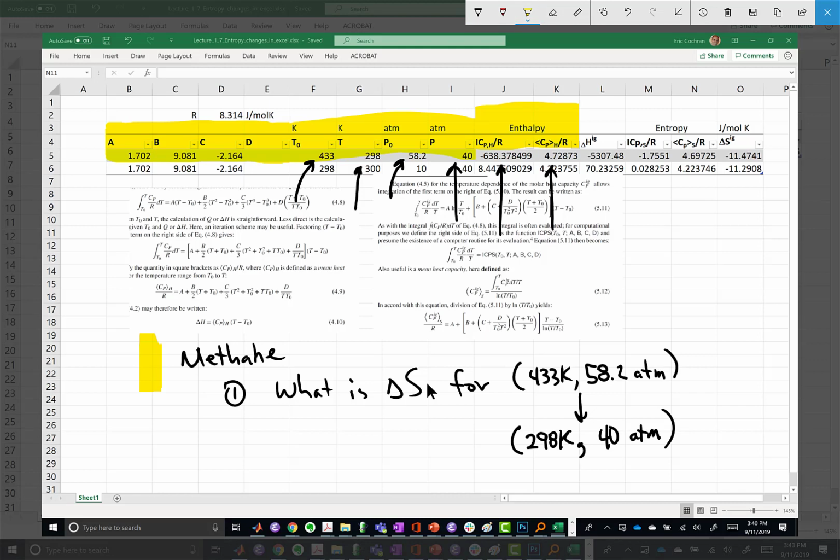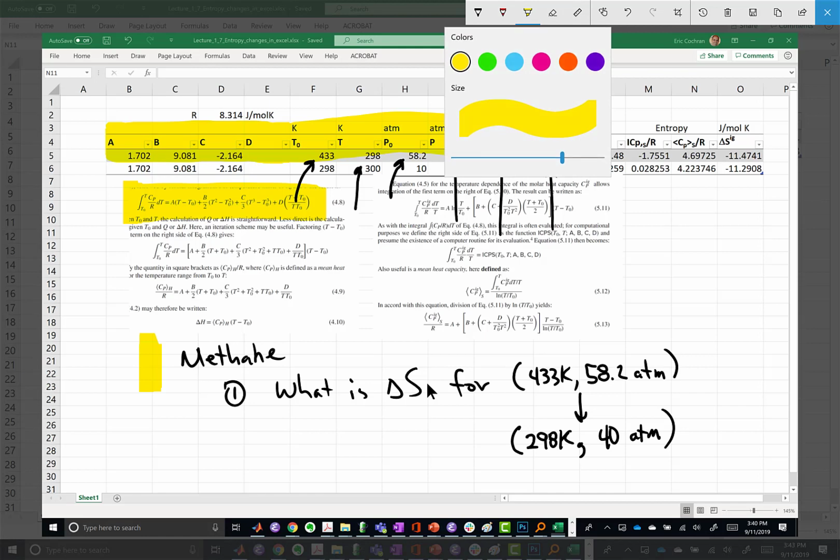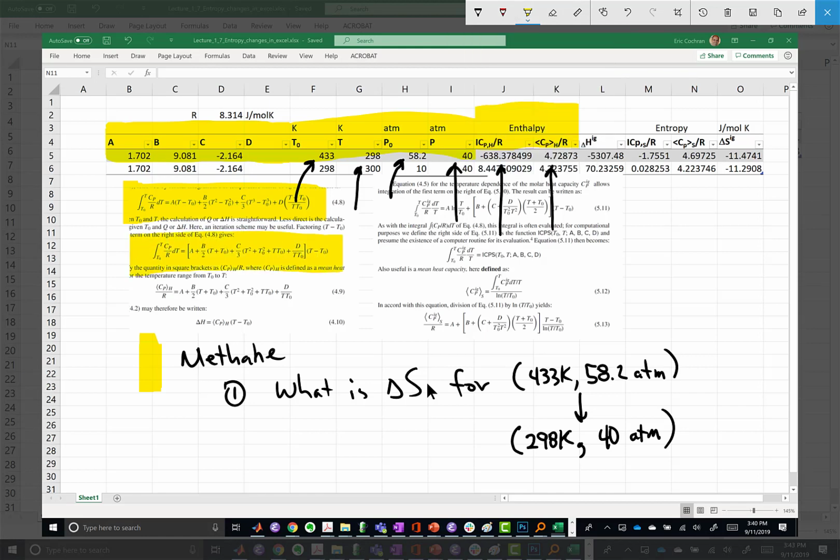So column J has equation 4.8 embedded in it. Column K is evaluating this equation, sorry, this one, for 9. And then column L is evaluating 4.10.